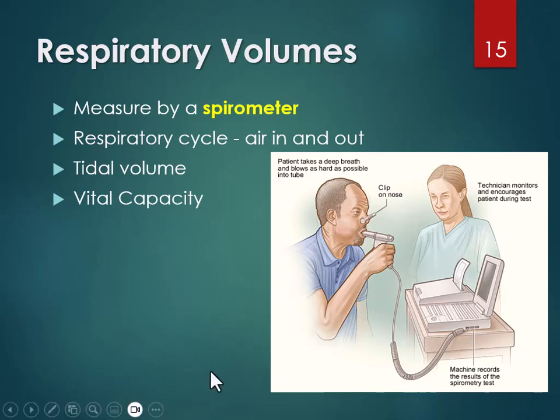Your vital capacity depends on your age, your sex, and your height. If you are a young, tall male, you have much higher vital capacity than short, old women. Okay, so men have higher vital capacity, younger people have higher vital capacity, and taller people, because their chest cavity is bigger.